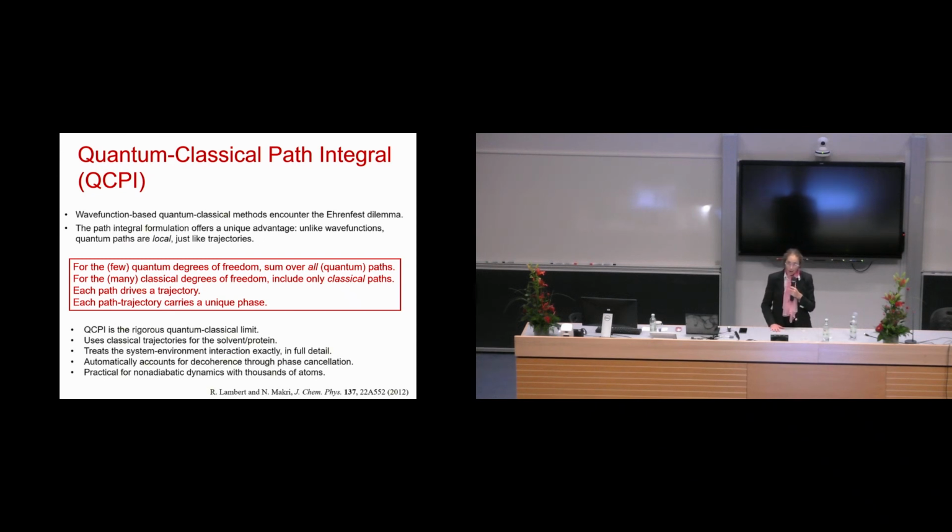The path integral, unlike the wave function formulation, is local, one path at a time, because a path is like a trajectory. So by combining a path of the system with a classical trajectory, we're able to account for the interaction between the system and the particle of the environment exactly, and include all their phases without any approximation.